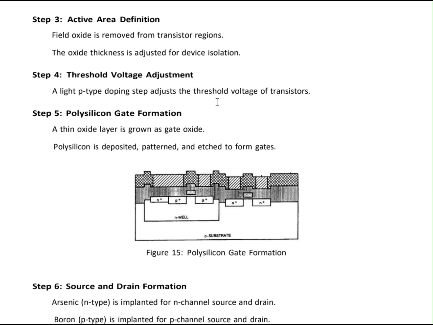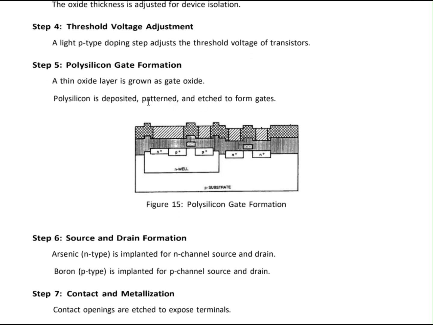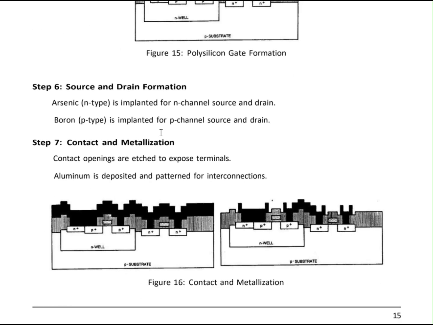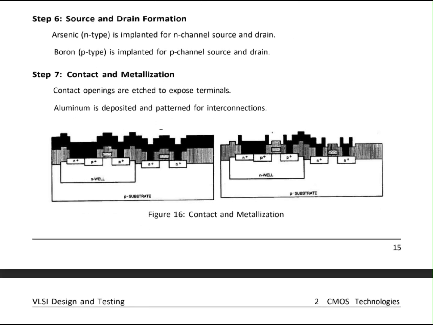Step 5 is polysilicon gate formation. A thin oxide layer is grown as the gate oxide and polysilicon is deposited, patterned and etched to form the gates. The next step is source and drain formation. Arsenic, which is N-type, is implanted for the N-channel source and drain, and boron, that is P-type, is implanted for the P-channel source and drain.